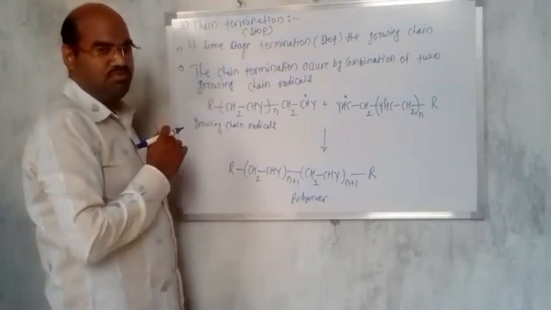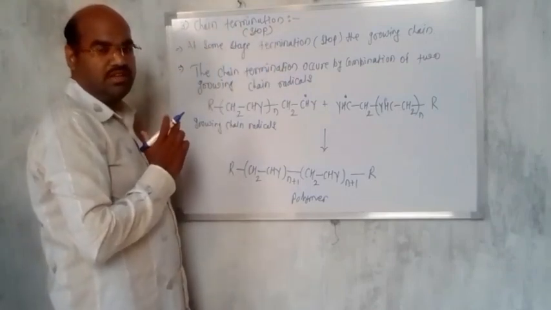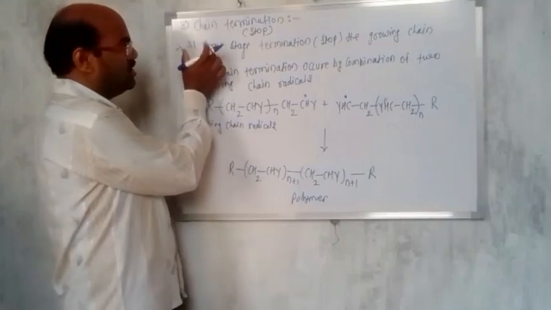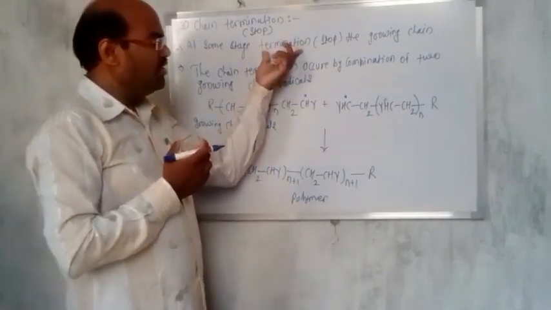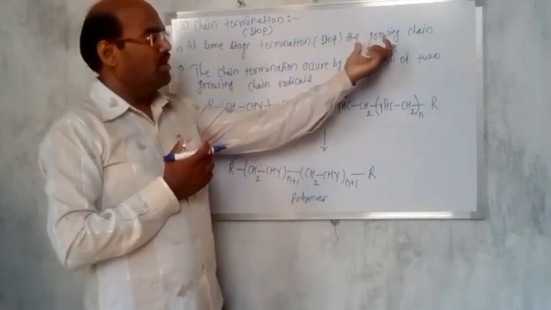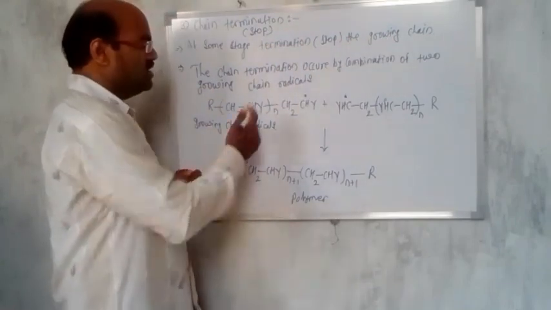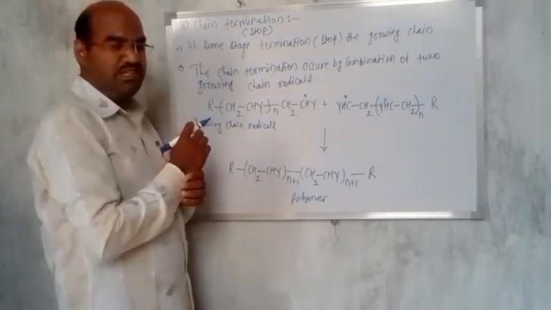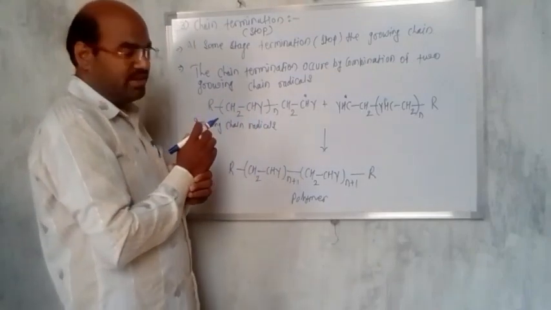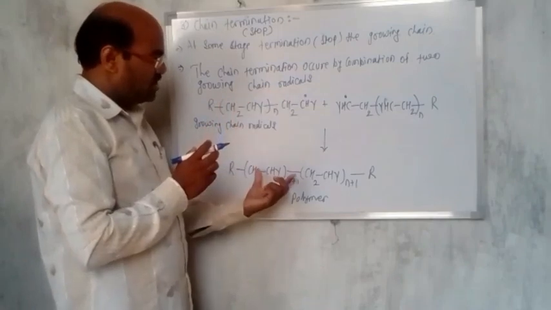Termination means to stop the chain reaction. So at some stage the growing chain terminates or stops. The chain termination occurs by combining two growing chain radicals with each other and stopping the chain.